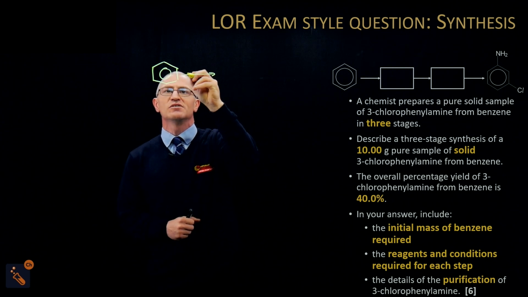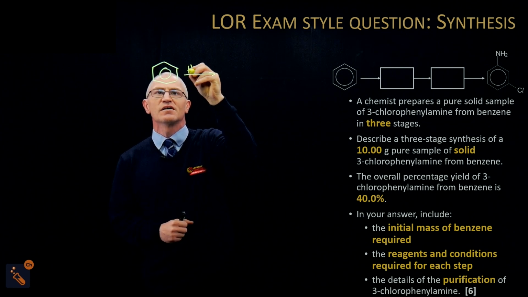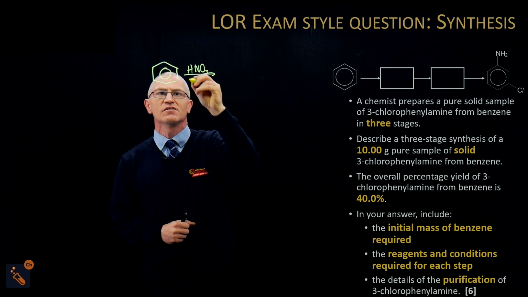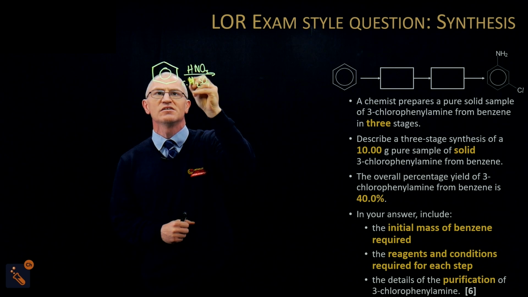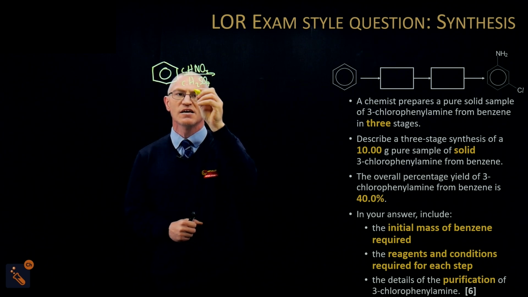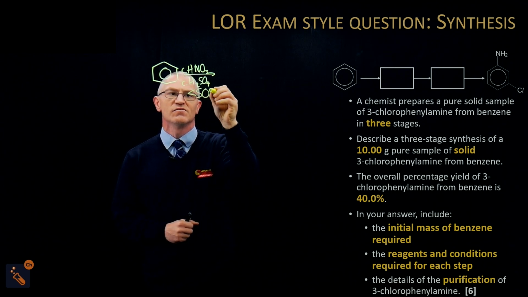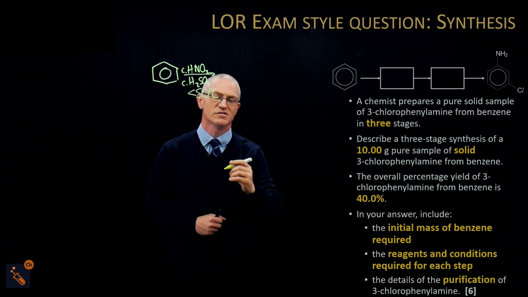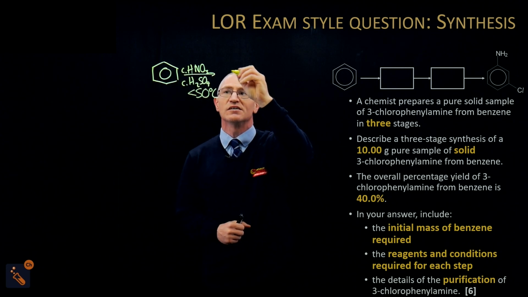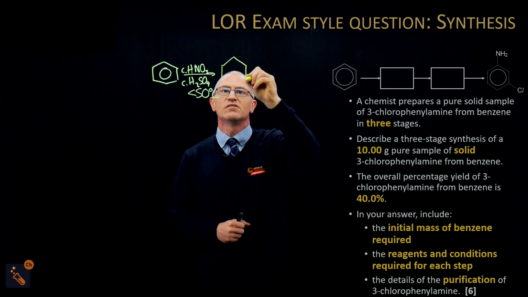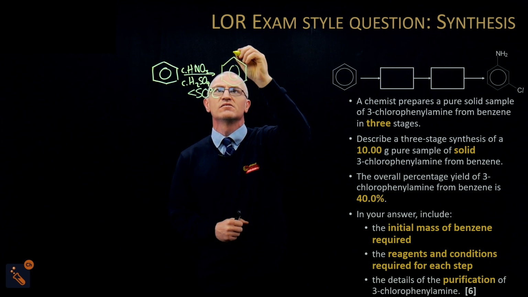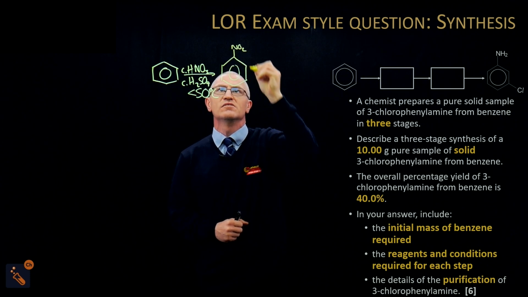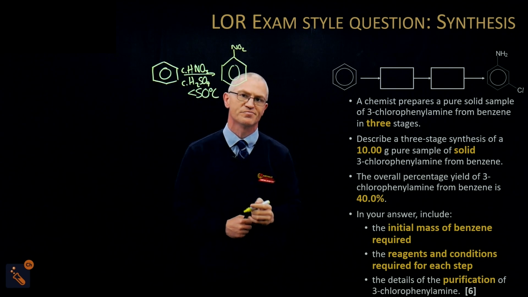So our first step is going to be HNO3 and H2SO4, both concentrated, and less than 50 degrees Celsius. Now that will then change into our nitro. So we've got a nitro here.